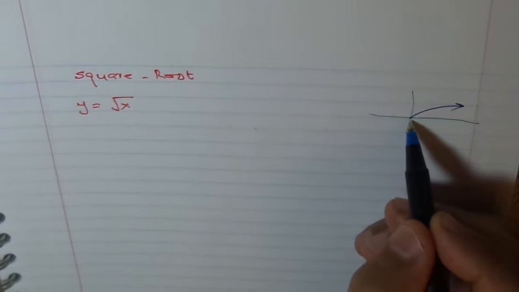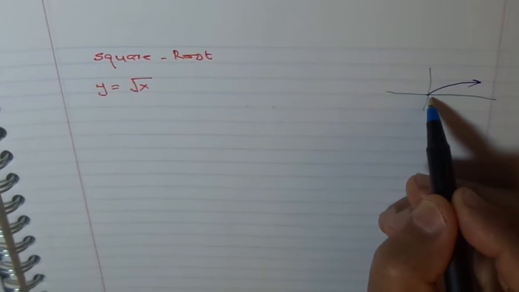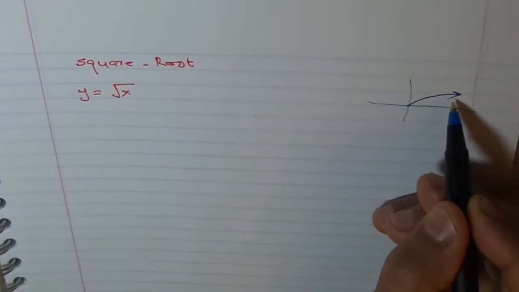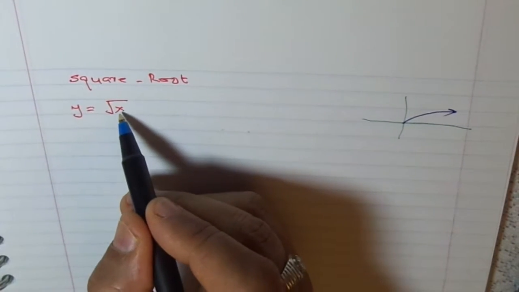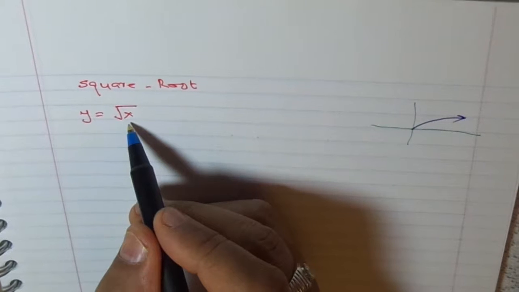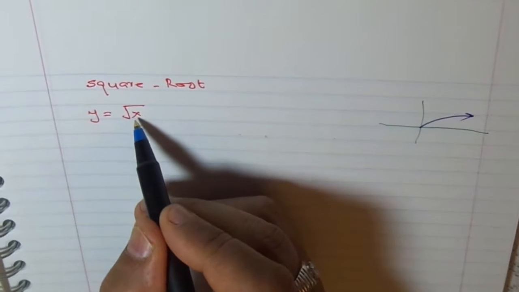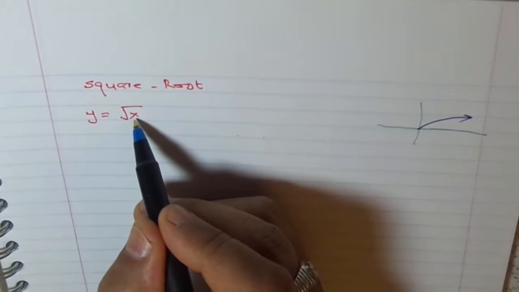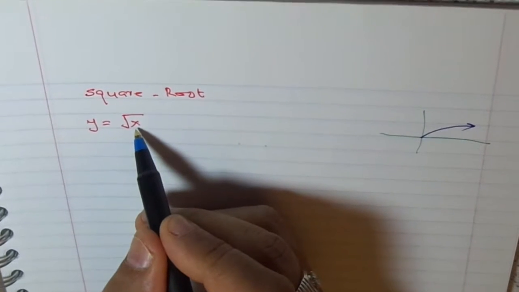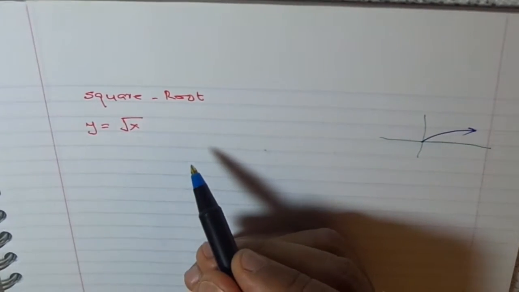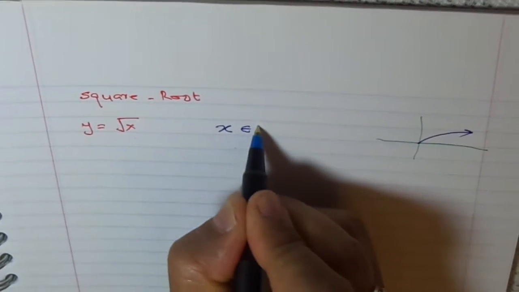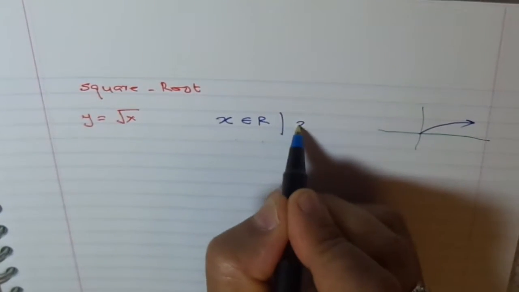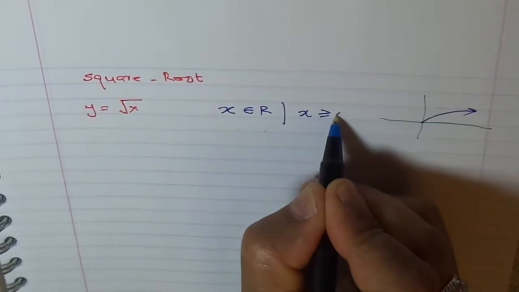How? The domain is set of real numbers greater than or equal to 0. Why? Because in the radical, you cannot have a negative value. If in the radical you have a negative value, then the answer does not belong to the set of real numbers. It becomes a complex number, correct? So here the domain is x belongs to real numbers where x is greater than or equal to 0.